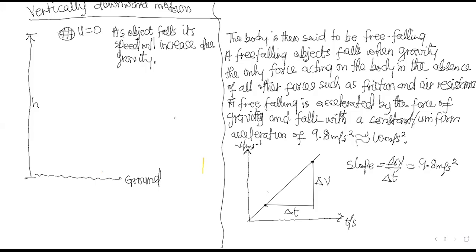When you take the slope of a velocity time graph for a free falling body, the slope is equal to the uniform acceleration due to gravity, which is 9.8 meter per second squared, irrespective, because of Frank's question, of the mass of the body.